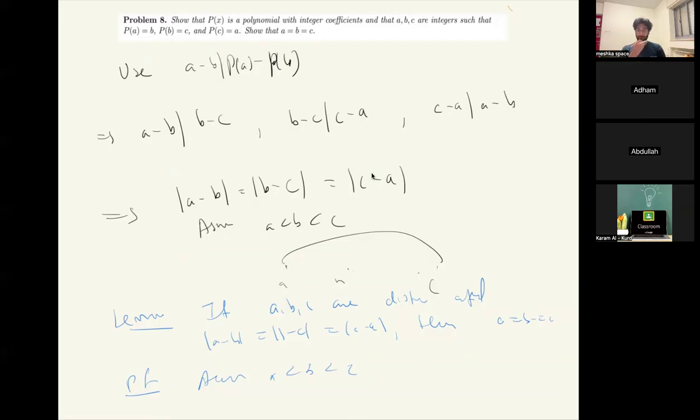Okay, good, so that solves the problem, right? There are a couple of problems on the homework that use this trick: A minus B divides P of A minus P of B. Hopefully there are some fun problems.